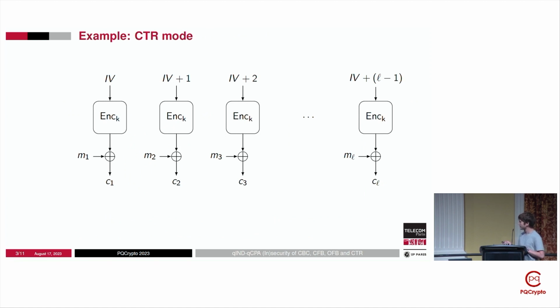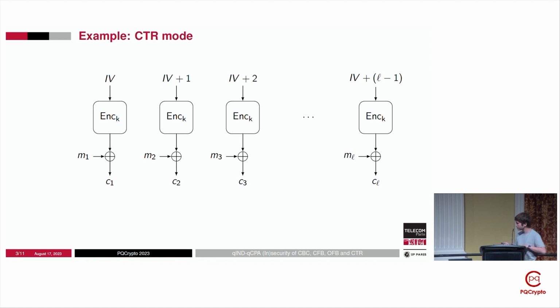We first select at random an initialization vector, and we will encrypt this initialization vector. Since we assume that the block cipher is secure, that is a pseudorandom permutation, this will give you a pseudorandom string that you can then XOR with your message, just like a one-time pad would work. And then you just have to reiterate the process by each time changing the input to the pseudorandom permutation.